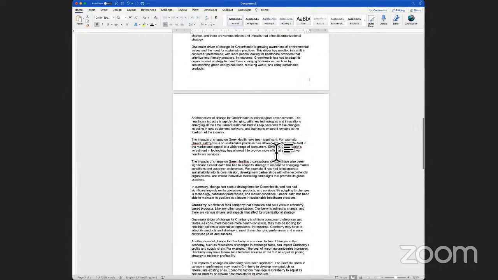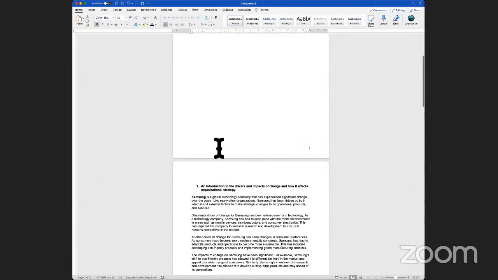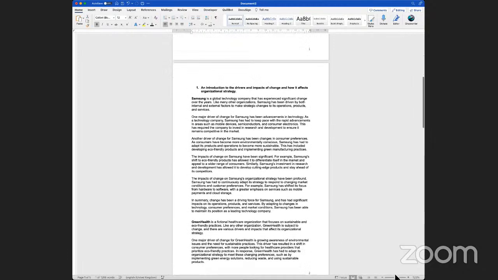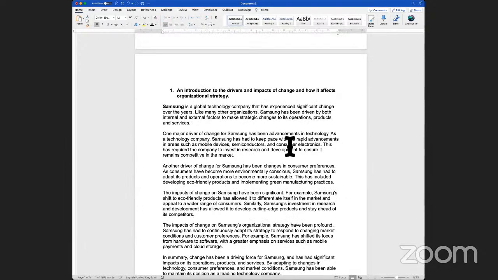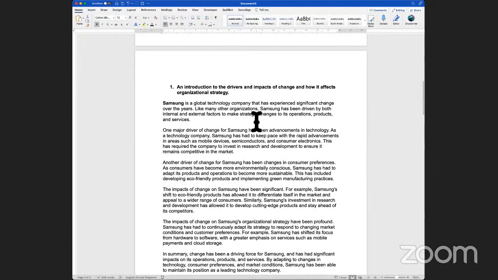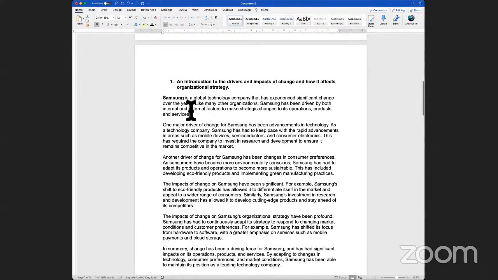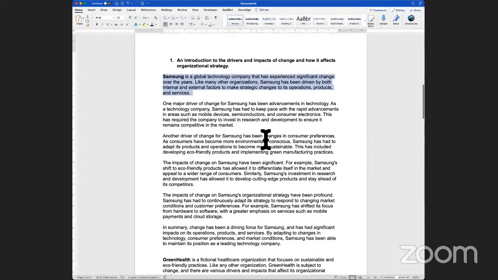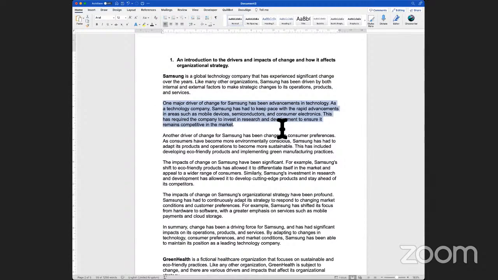In my case, the first task is asking me to look at a bit of an introduction to drivers and impact of change. Before I talk about change, I've started with a bit of an introduction about Samsung as a company. Then I got into reading the case study, and from it I've extracted some bits of information: what is Samsung into in terms of its main product and business functions.